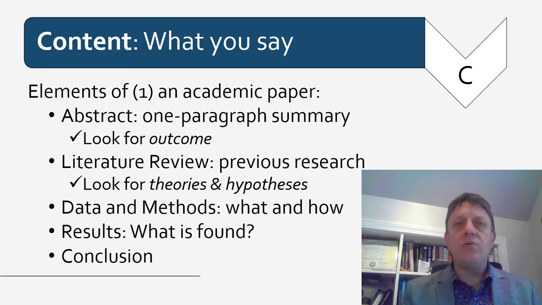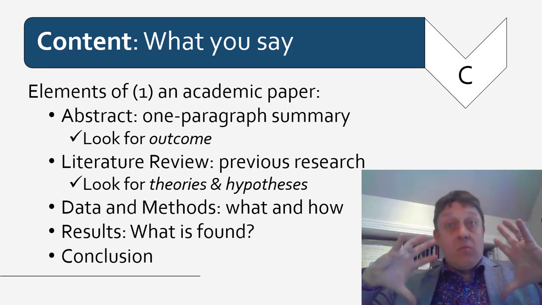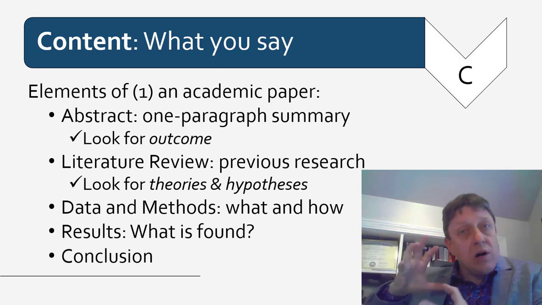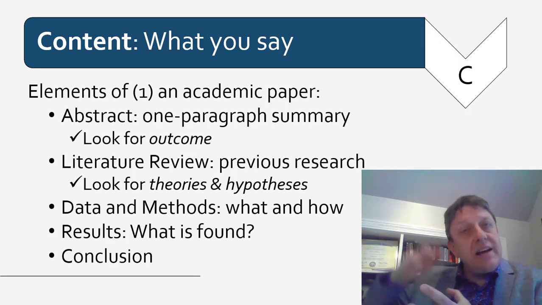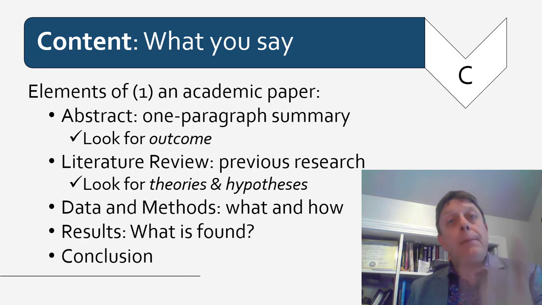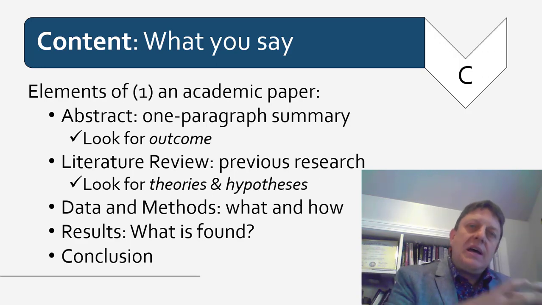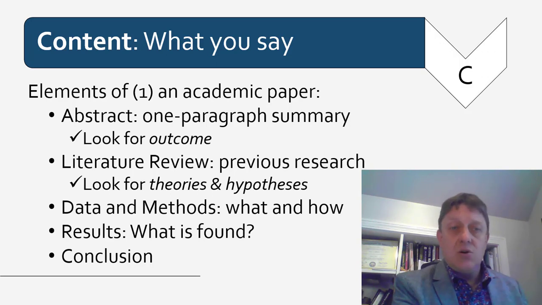In a literature review, you should be looking for two elements: different theories, which are stories about how a piece of the world works, related to that outcome. And theories should generate hypotheses, that is, predictions about what we should find in the world that we observe as a consequence.